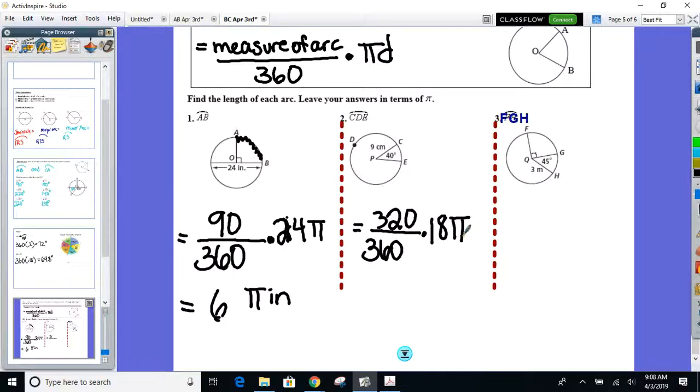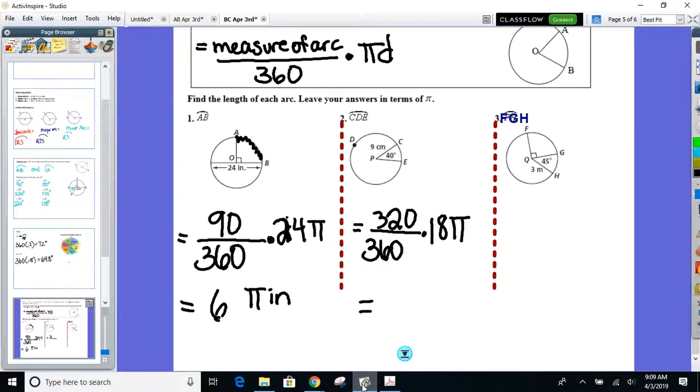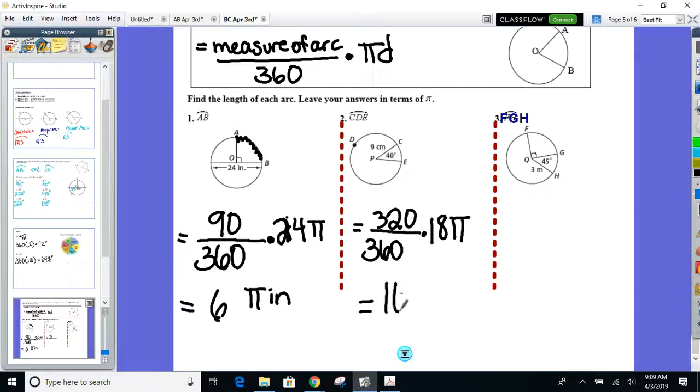So once again, drop the pi into your answer. 320 over 360 times 18. How about 8? 16 pi and the units, thank you.